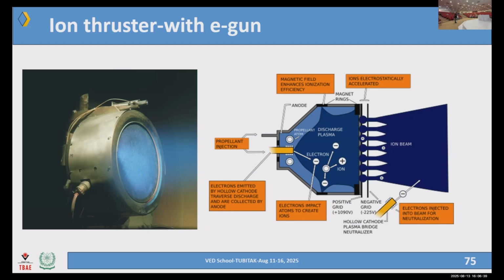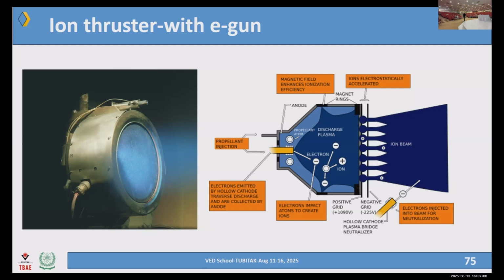To neutralize this, you need an electron gun which will generate enough electrons to feed these starving ions. Electrons were ripped off because you need charges to accelerate. You cannot talk to any neutral particle.